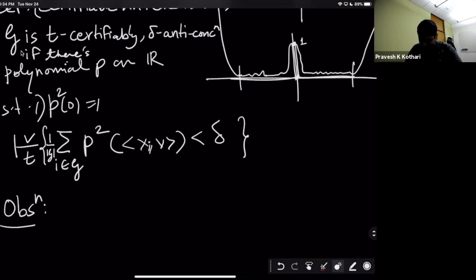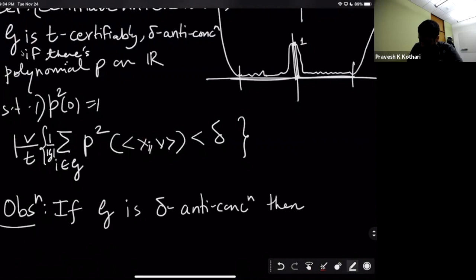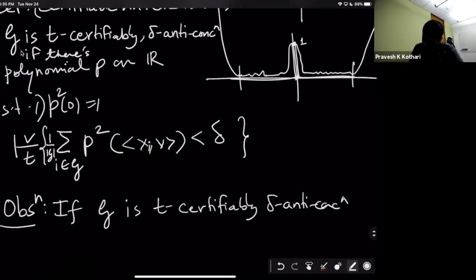So notice that, suppose G is T certifiably delta anti-concentrated.